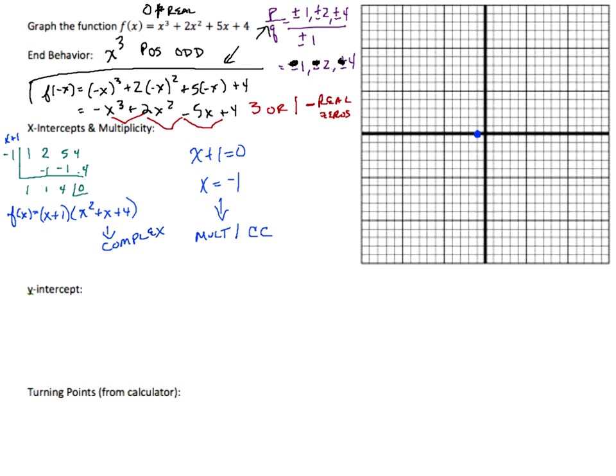My y-intercept is what I get when I plug in 0 for x. So that's 0 cubed plus 2 times 0 squared plus 5 times 0 plus 4. So I have 4. Go ahead and mark my y-intercept. And I know that it falls left.